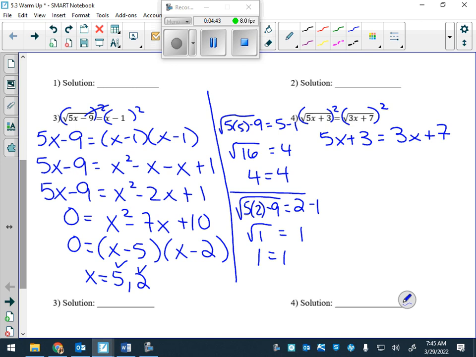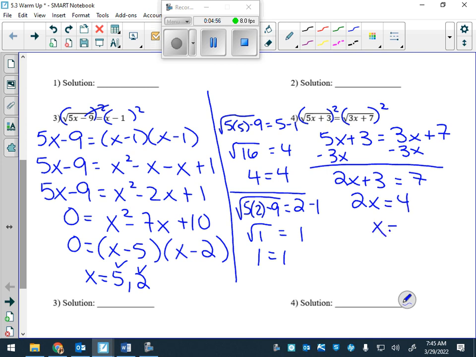Get your x's on one side and your numbers on another. And x equals 2. And when you plug it back in, you should get square root of 13 on either side, which does work. Okay?